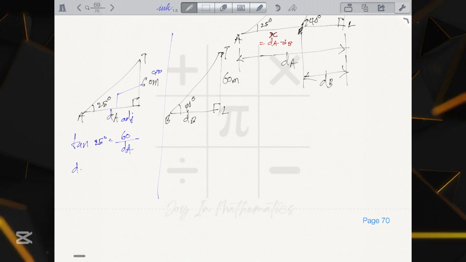So we can evaluate DA to give us 60 divided by tan 25 degrees. And we can simply use our calculator for this. So we have 60 divided by tan 25 degrees. We'll have 128.67 meters. So this is DA.